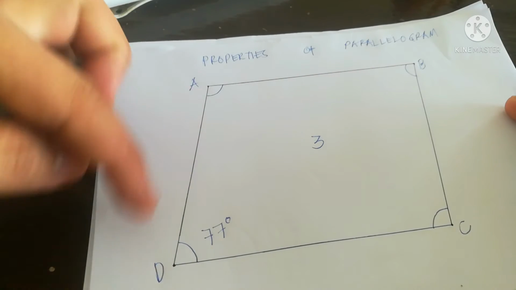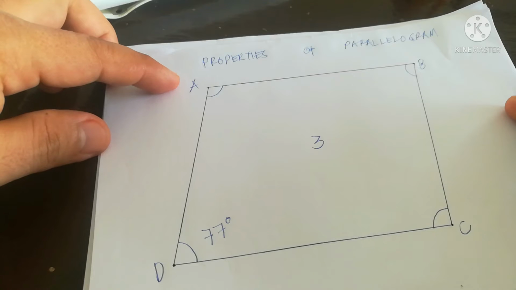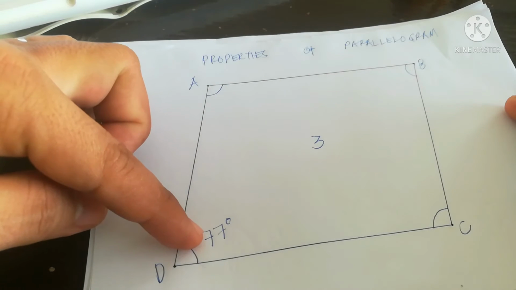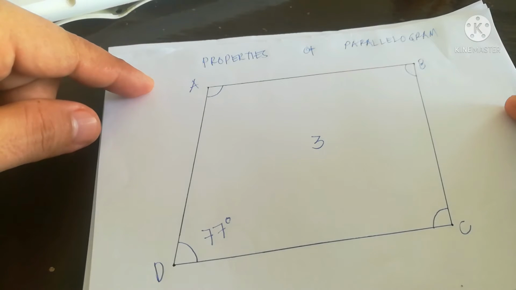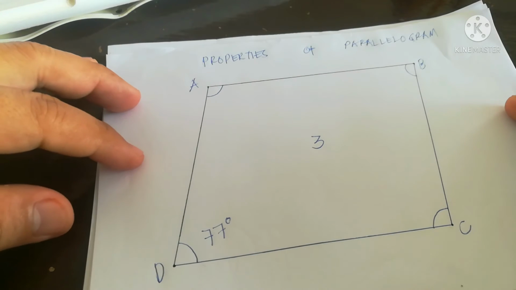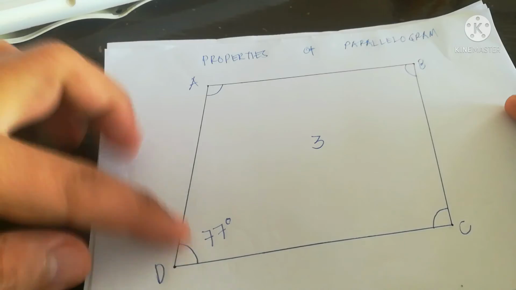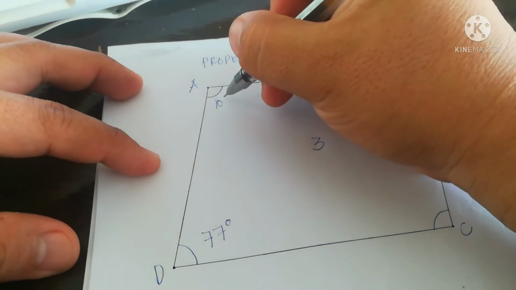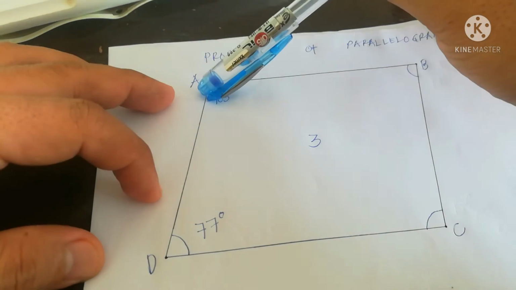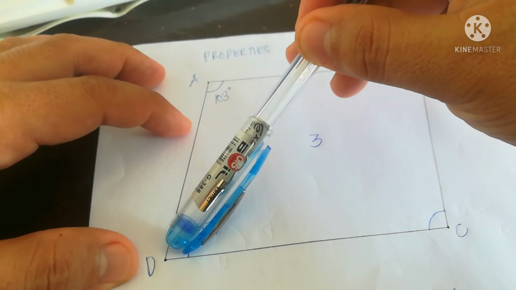If the sum of the two is 180, naa nay 77, so instead nga ato siyang kuha sum, kadtong 180 is subtract nato sa 77. So 180 degrees minus 77. Yes, the answer is 103 degrees. So if this is 103 degrees, iyang kasunod is angle D, 77.